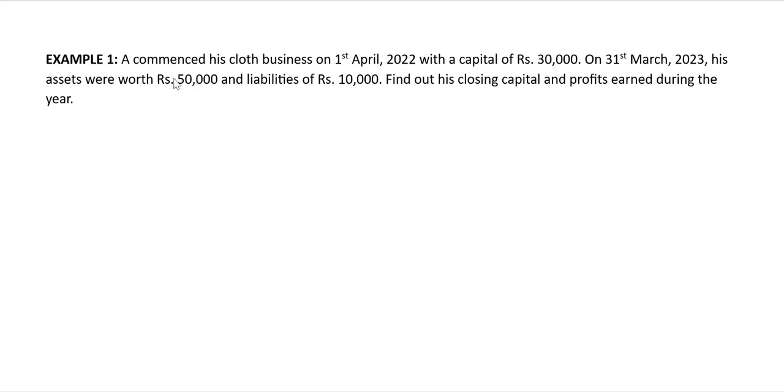Example 1. A commenced his cloth business on 1st April 2022 with a capital of 30,000. On 31st March 2023 his assets were worth rupees 50,000 and his liabilities were 10,000 rupees. Find out his closing capital and profits earned during the year.